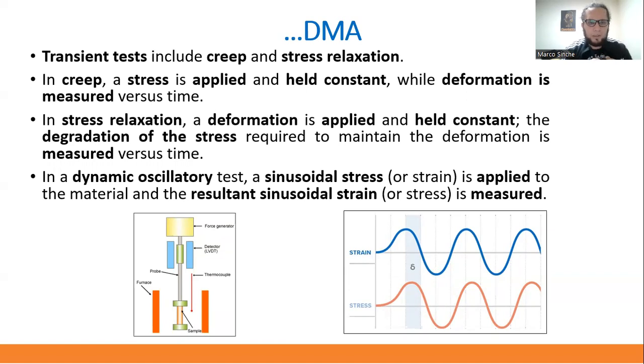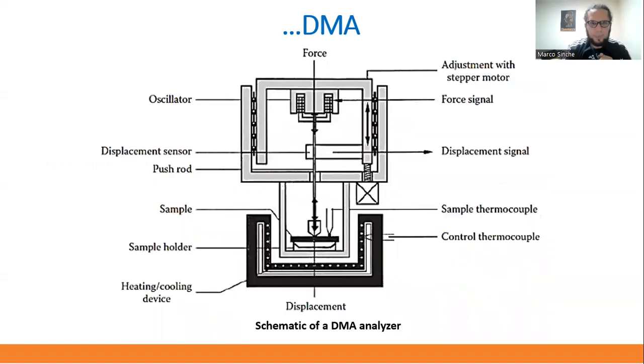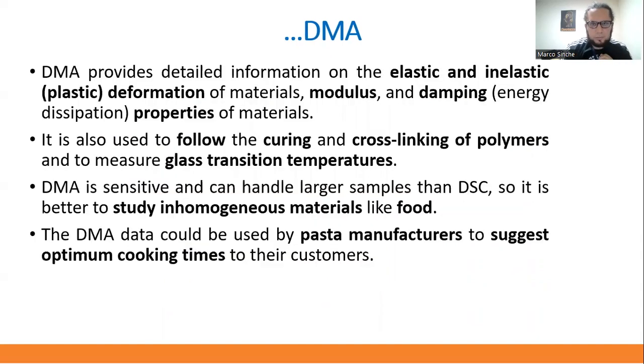And in the dynamic oscillatory test, sinusoidal stress is applied to the material and the strain is measured, or vice versa. Here we could see a scheme of the equipment that is used for this type of measurements. But in this technique, particularly, there are very different types of equipment that could be used, but they are a little bit similar regarding the sample processing.